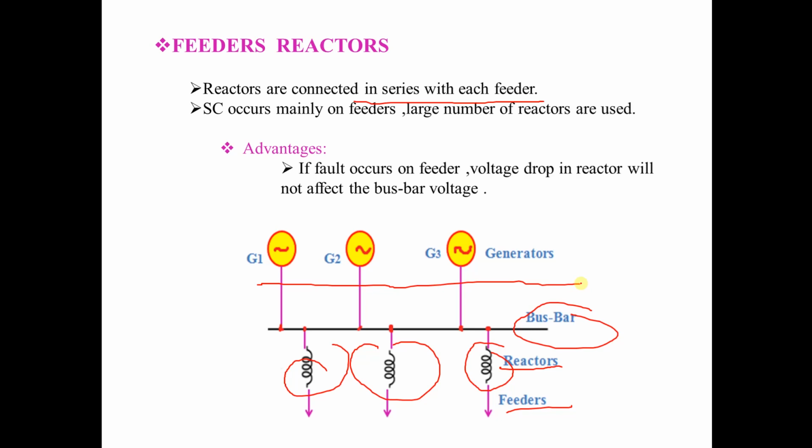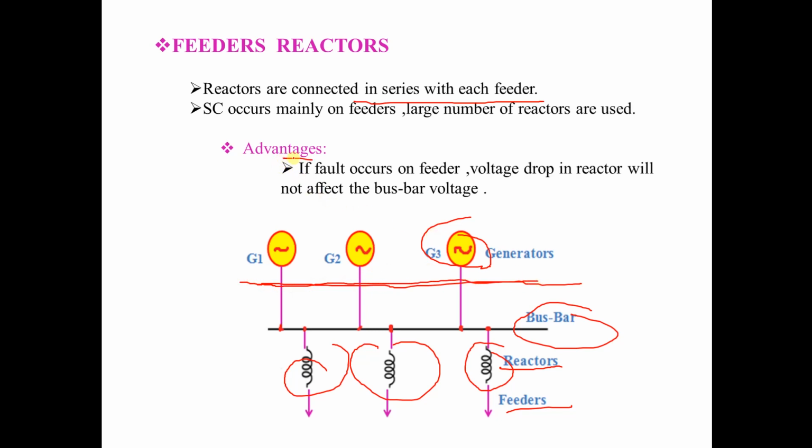Also, it has a capacity for the generator to lose synchronism. And the next one is, the fault on a feeder will not affect the other feeders, and this can be localized, and the fault can be identified easily.